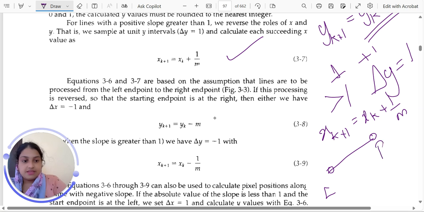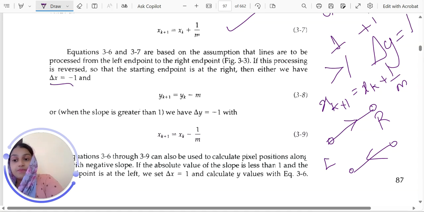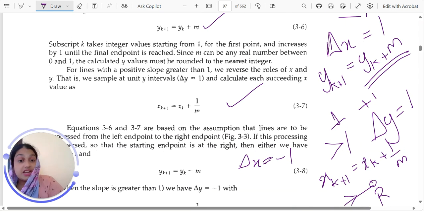Now, if this processing is reversed, so that the starting endpoint is at the right and it goes from right to left, then delta x will be minus 1, and the equation will change. Here we had yk plus 1 equal to yk plus m, so it will be yk plus 1 equal to yk minus m.